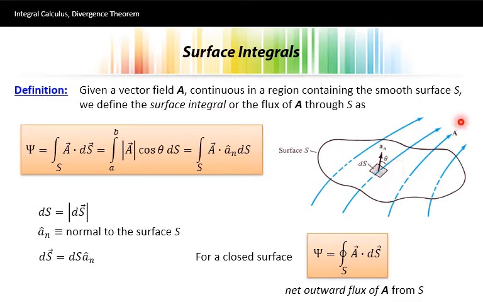Here you see a vector field A in the figure, a surface S, and vector a_N is normal to that surface. ds is given in the following form, and if we have a closed surface, then the integration has the following notation, and it gives us the net outward flux of vector A from surface S.